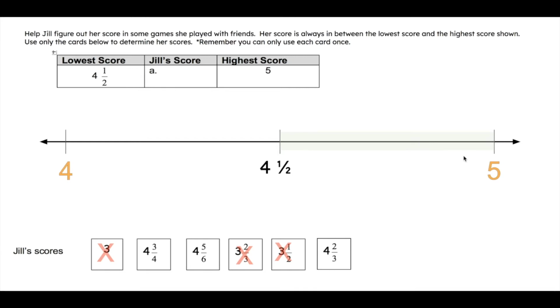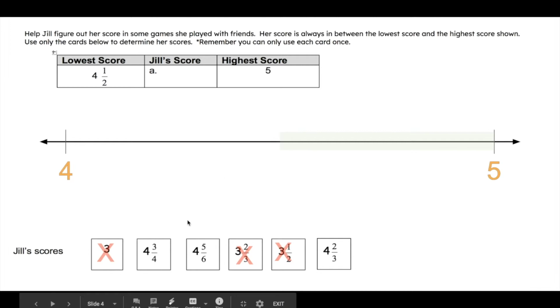So here's what we can do. I'm going to start with 4 3/4. In order to model 4 3/4, I need to split up the number line into 4 equal parts because the denominator here is 4. So I'm going to divide this number line into 4 equal sections: 1 section, 2 sections, 3 sections, 4 sections.